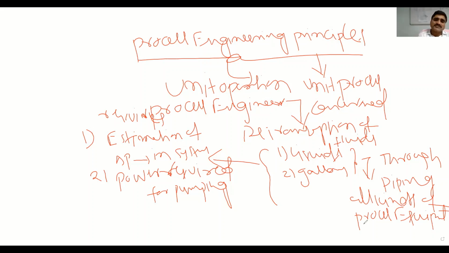If delta P is positive, then do you require any external energy to transport the fluid from one point to another? No, sir. If minus delta P, then what is going to be required? We need the energy, sir. We need the energy. Minus delta P means a negative pressure gradient, which means it requires some extra energy like pumping. So pumps are also required, isn't it? So the second point is, we have to estimate the power required for pumping, whether we require it or not. Those are the two points I told you.